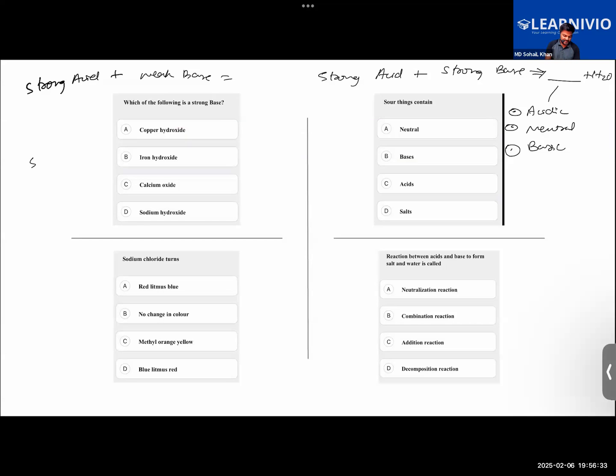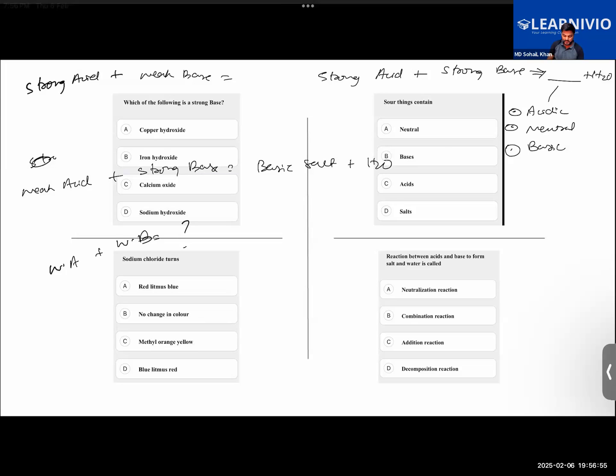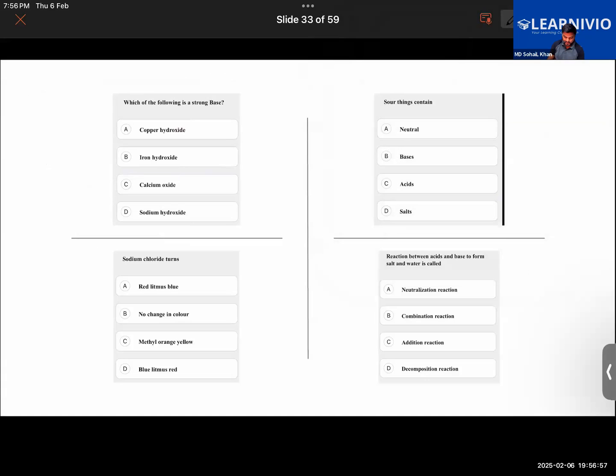And suppose it is a weak acid and it reacts with a strong base, then it will be basic salt along with water. And if both of them are weak, weak acid plus weak base, neutral. Well done.